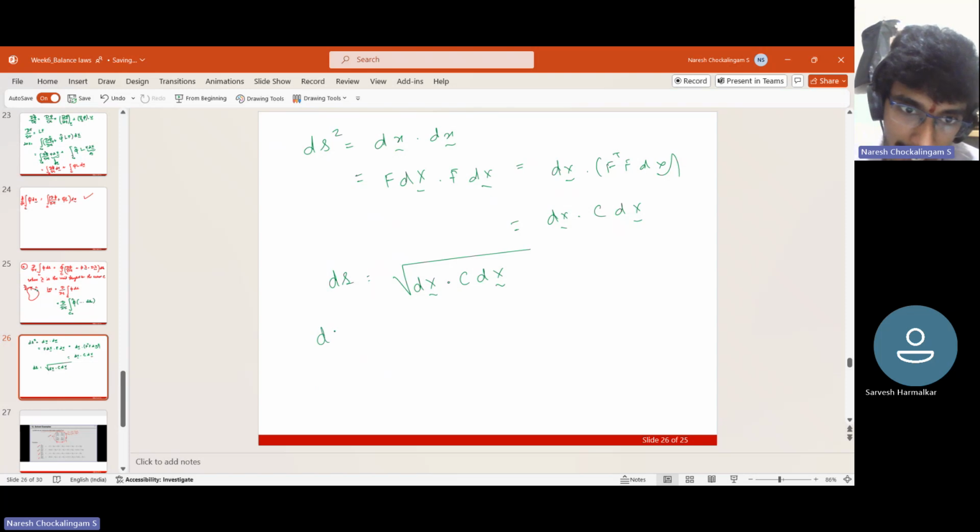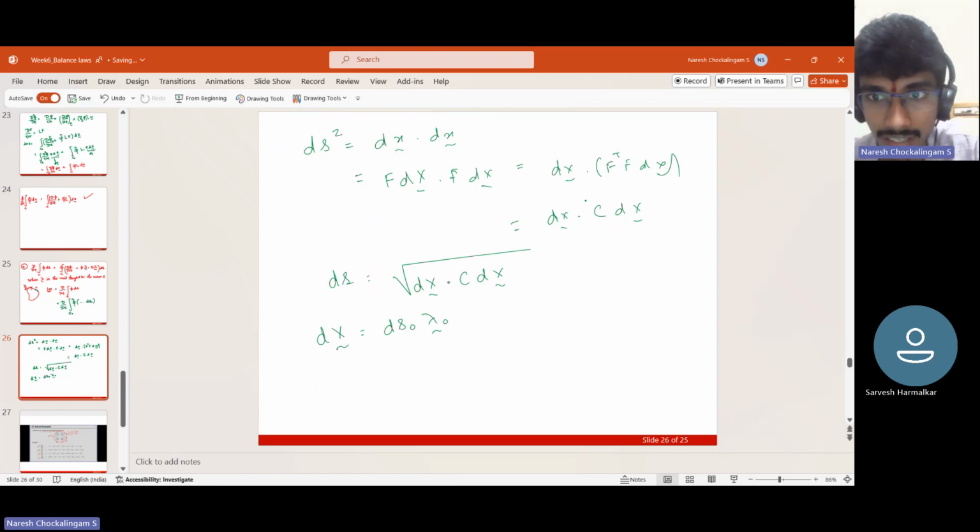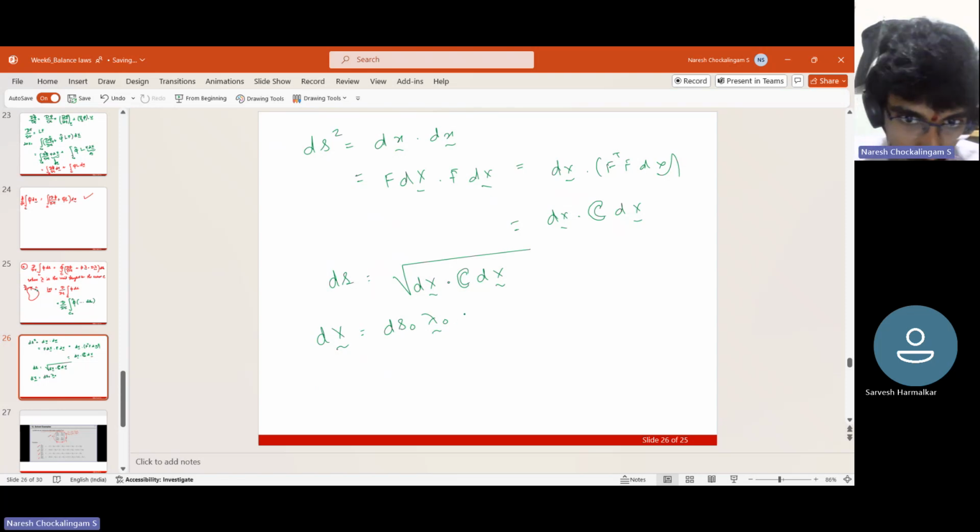But let us say dx is equal to ds naught lambda naught, where lambda naught is the unit tangent to the curve C naught. So this is a different C, so let me put a double C here. This is the Cauchy-Green tensor. So here it's lambda naught ds naught.